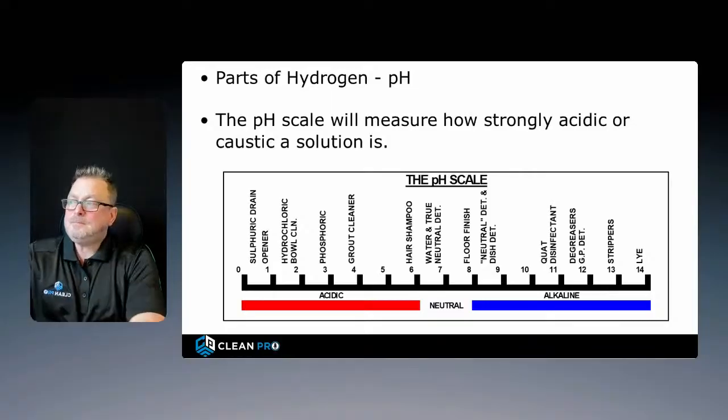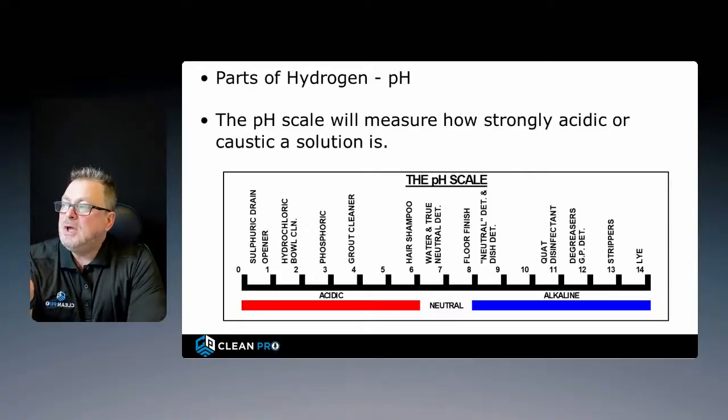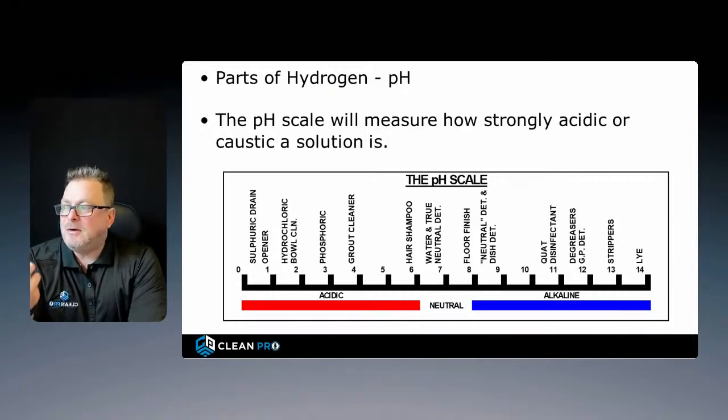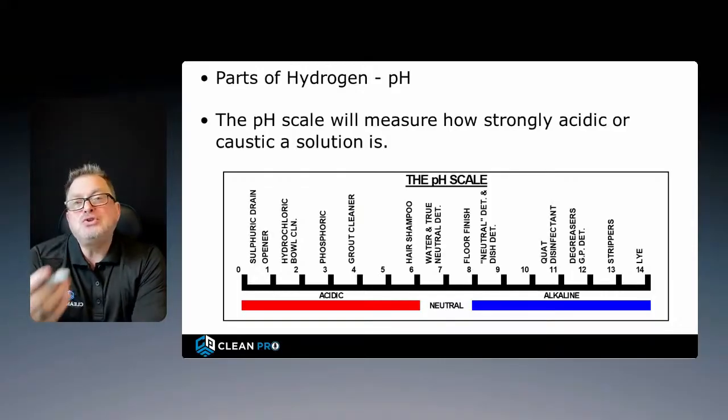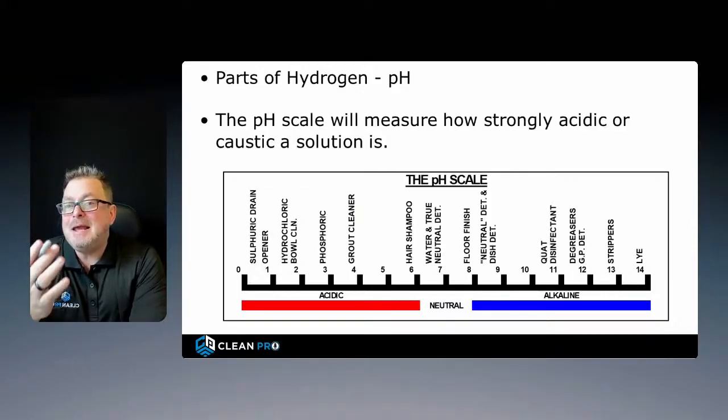So this slide just shows you: drain openers are a 0 to a 1. Hydrochloric bowl cleaners are a 2. Phosphoric bowl cleaners are a 3. Grout cleaners are a 4. Shampoo and conditioners are around a 6. Water, true neutral, is 7, but most neutral cleaners are in the 7 pH range.